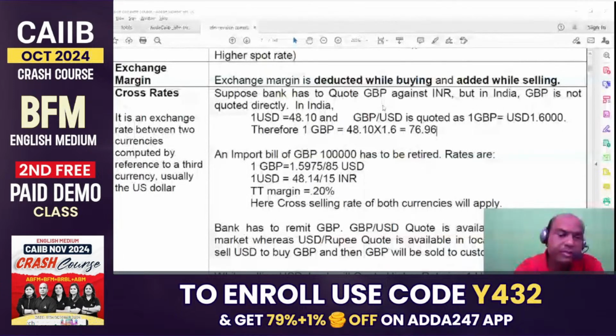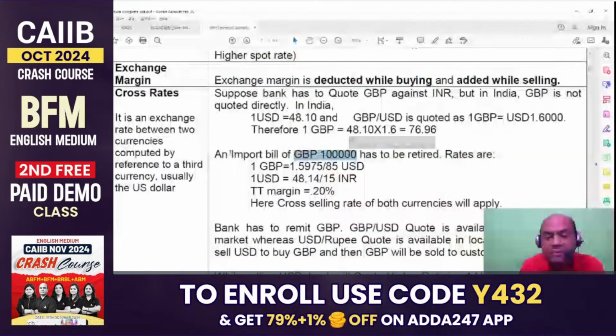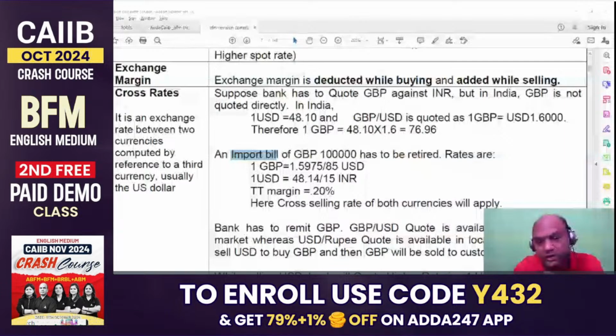Okay. So an import bill is to be retired. So rates applied are what? Import bill means in import, what will you do? Will you do the buy or sell? Just now I told you. In import, what will you do? Buy or sell?